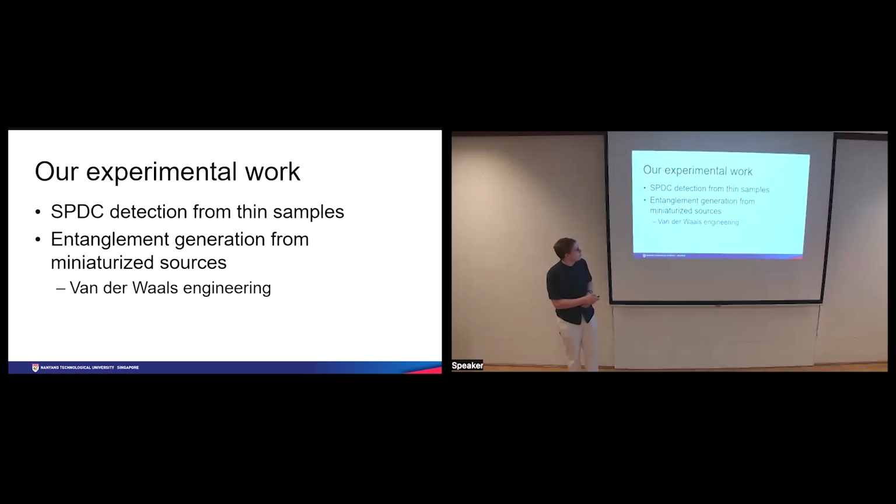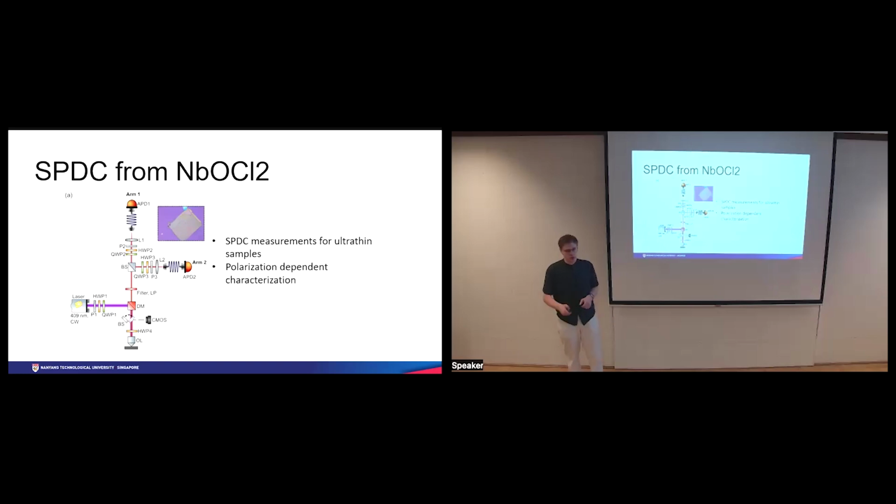And before I go there, I'll first show our experimental setup. We have this very basic setup for photon pair detection. We have a laser pump and some polarization optics to make the polarization linear here.